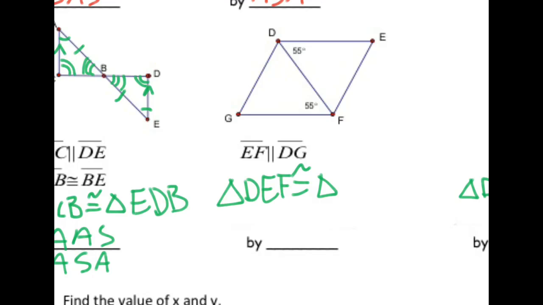Plowing straight through this problem. Look at these triangles. Now we know that line segment EF is parallel to line segment DG. And again, if we have parallel segments, we know that alternate interior angles will be congruent.